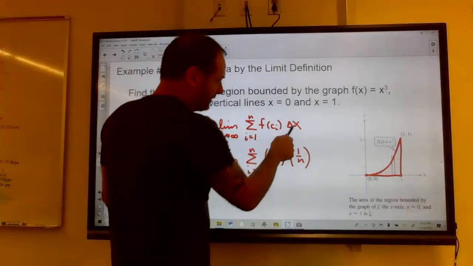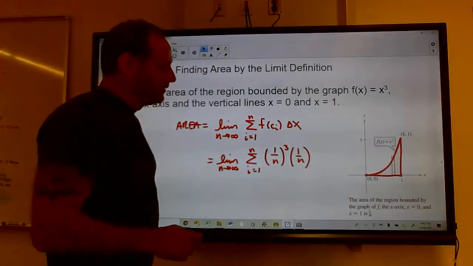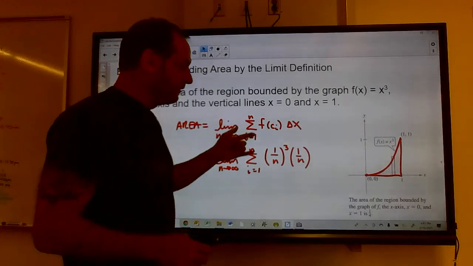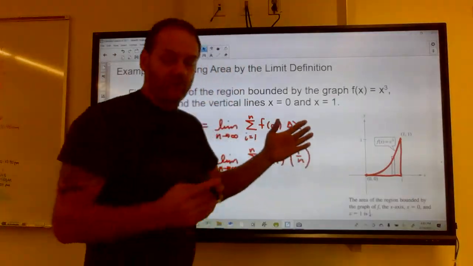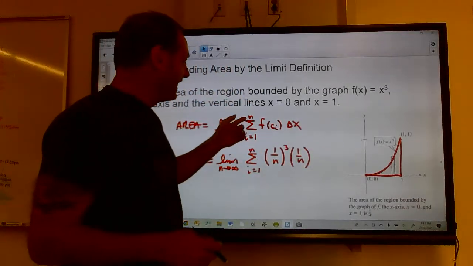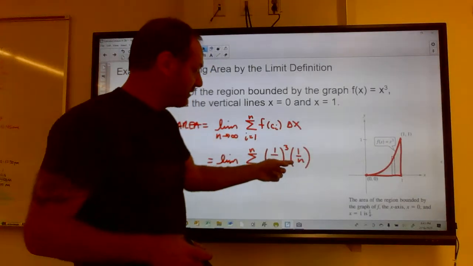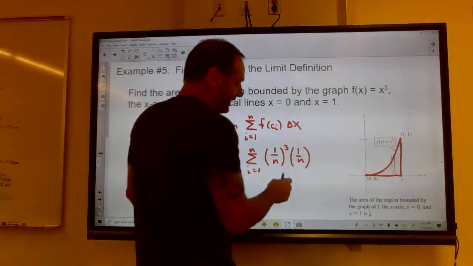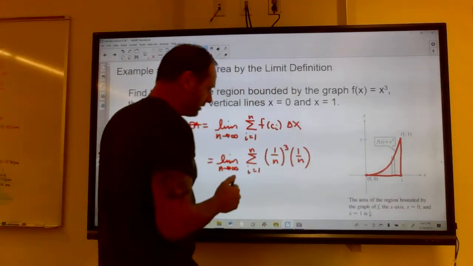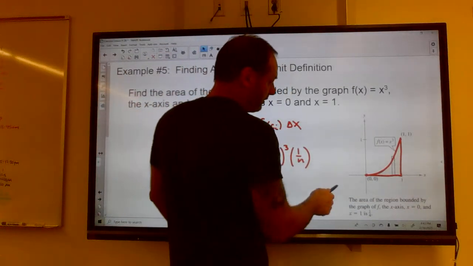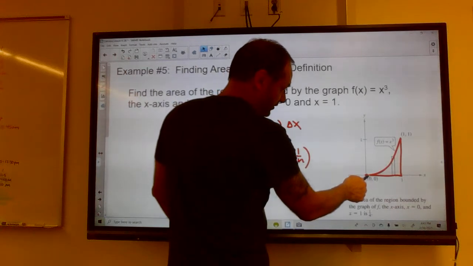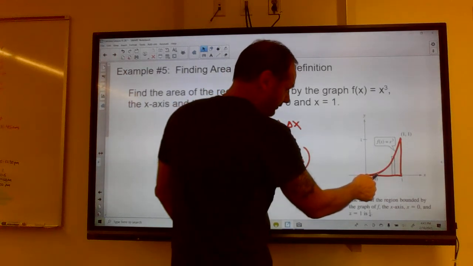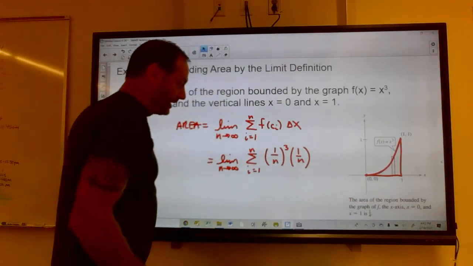So delta x is going to be 1 over n because I'm using n intervals and I'm going between 1 and 0. So I take 1 minus 0 is 1, and I divide that by the n intervals, and so that's my delta x right there. Now, since that's my delta x, I'm not actually starting at 0, I'm starting at 1 over n, then 2 over n, and 3 over n, up to n over n.